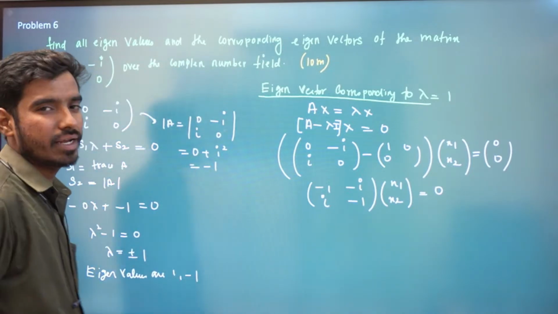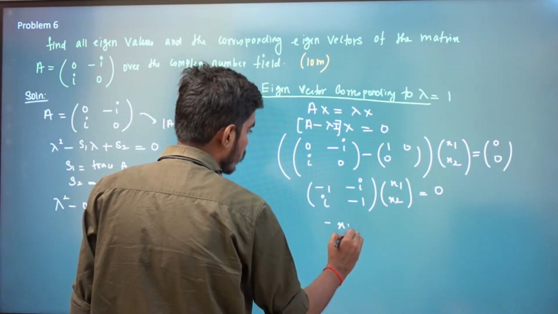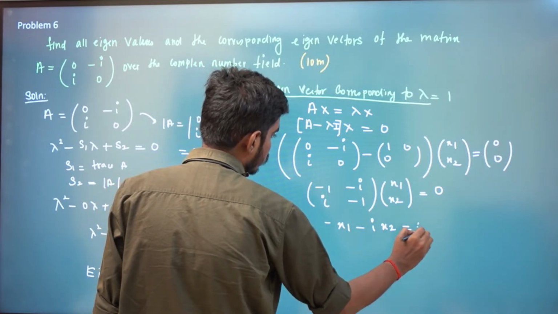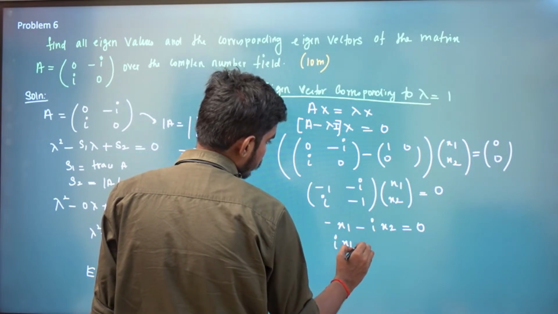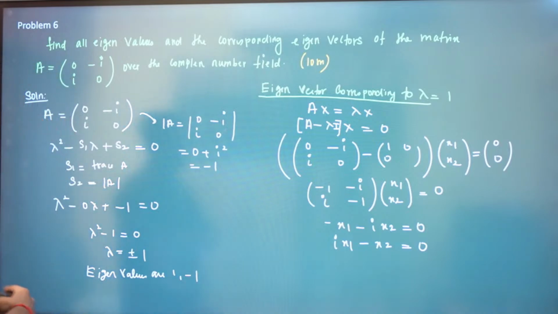We just have to solve for x1 and x2, so we can easily solve, right? We have minus x1 minus i times x2 equal to 0, and i times x1 minus x2 equal to 0.